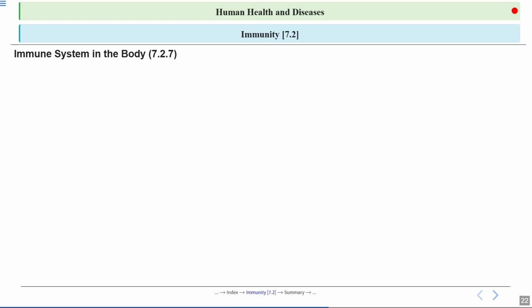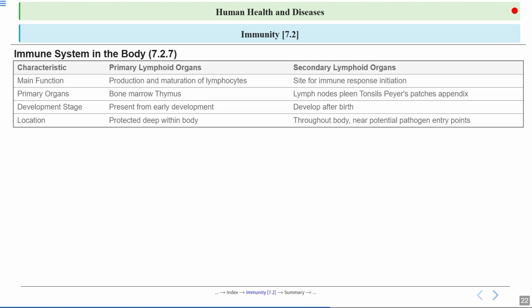Now let's discuss the immune system in the human body, which is a crucial part of how we stay healthy and fight off disease. We have talked about the types of immune response, and we have also talked about the types of immunity. Now let's talk about the primary lymphoid and secondary lymphoid organs.